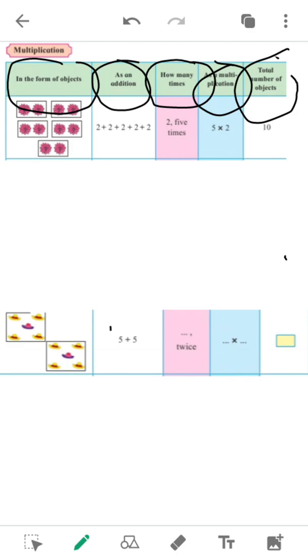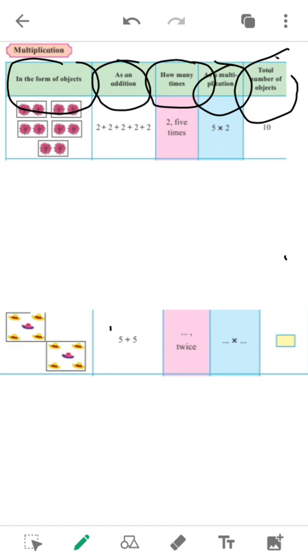Okay, so solve the problem. If you notice the picture, there are 5 groups of flowers. How many groups? There are 5 groups of flowers and each have 2 flowers. How many flowers? 2.